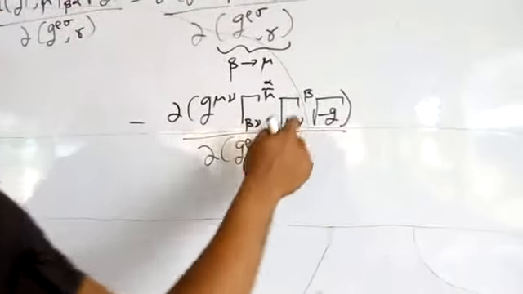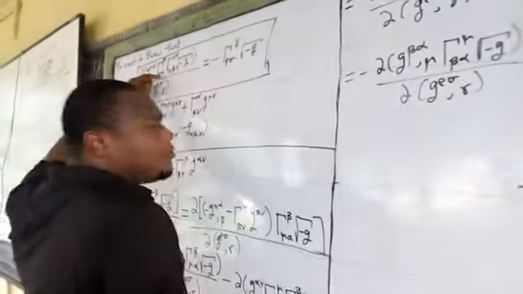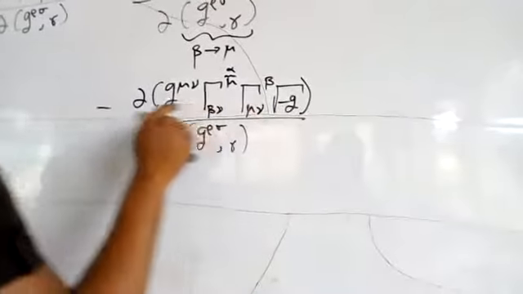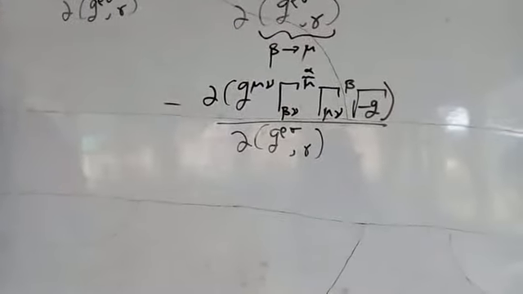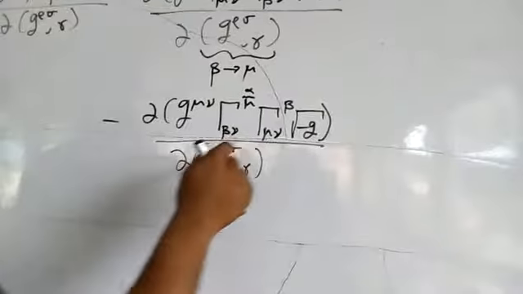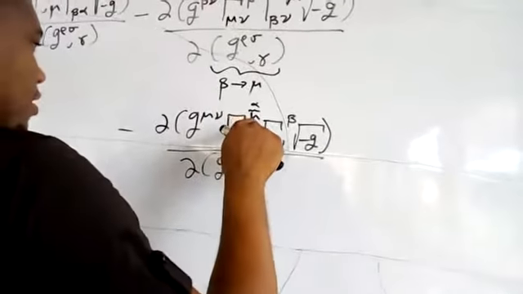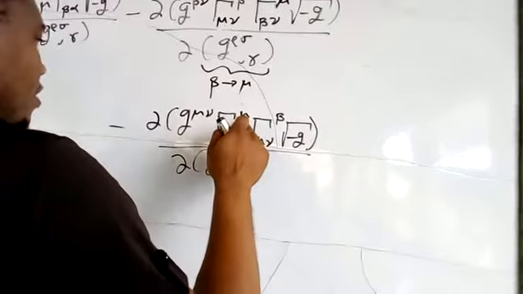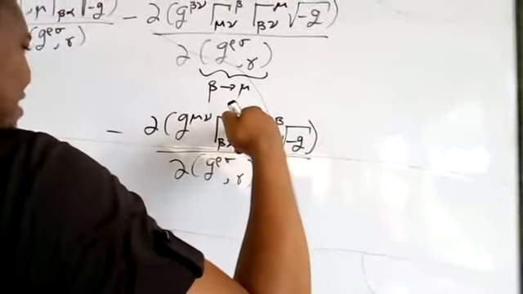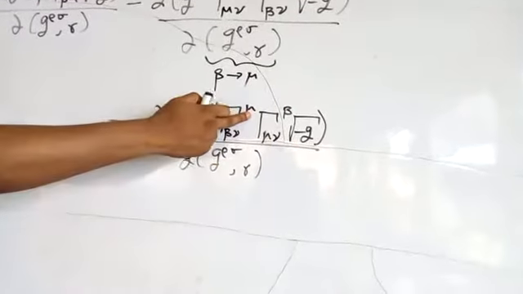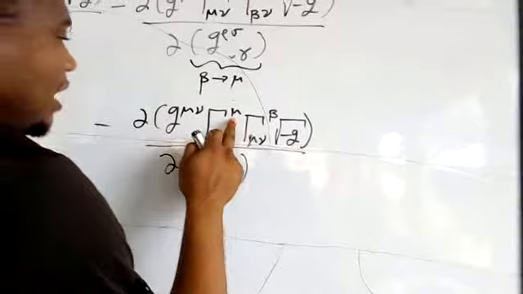If I did that, I'll have the one with beta on top and mu alpha down. So this is nu beta and mu alpha. So if I change the mu here to alpha, then I'm going to have just as I have here.